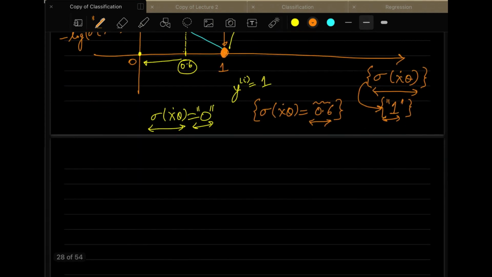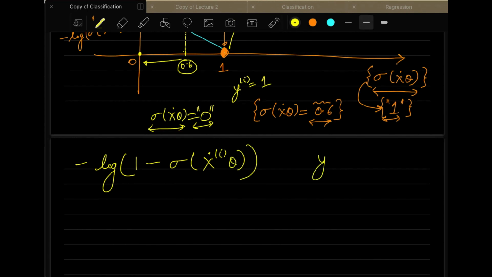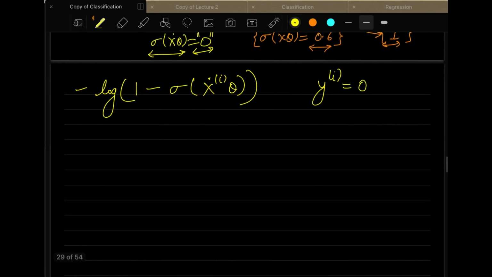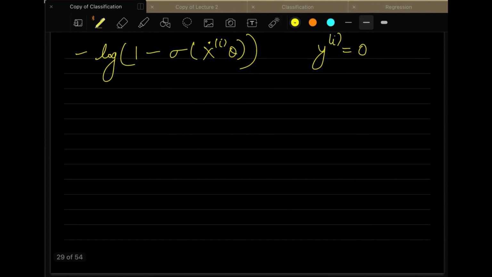So the second function is minus log of 1 minus sigma of x dot theta. This is our second function, and the case that we are looking at here is that our class should be 0. So in this case, if you plot the curve of minus log of 1 minus sigma of x dot theta, because here x is sigma of x dot theta, that curve will look like this.